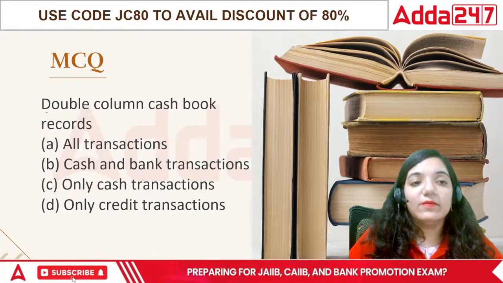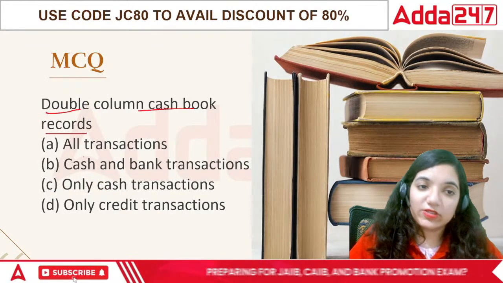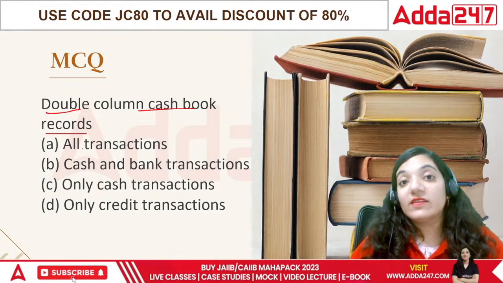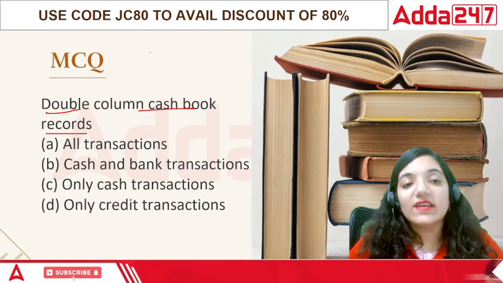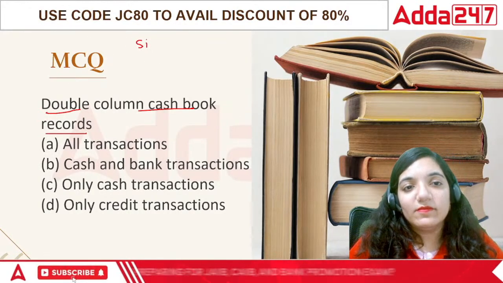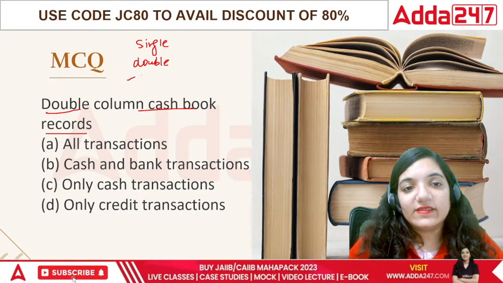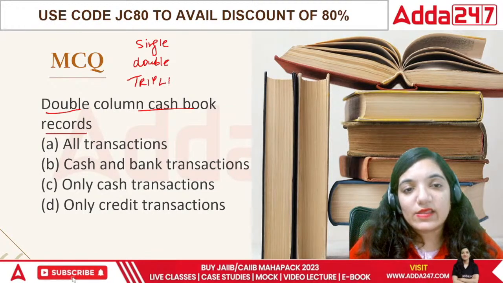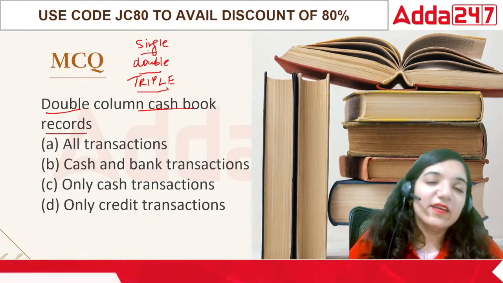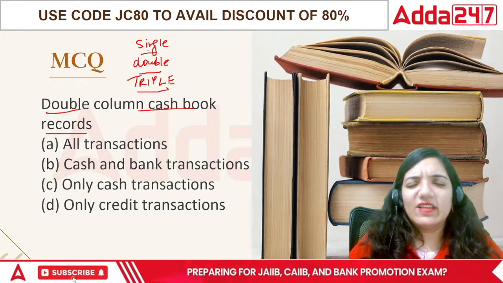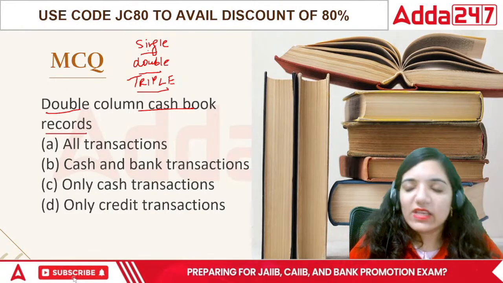The column cash book records what? See, there are three kinds of cash books. One is single column, second is double, and third is triple. As such, now the triple columns are not really a part of the syllabus anymore because it becomes very technical, right?